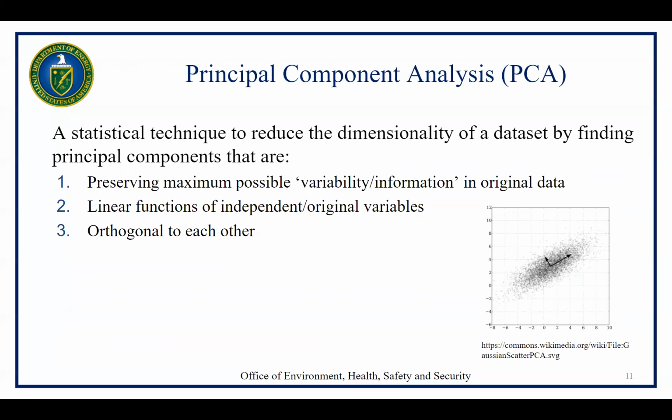For the interest of time, I will not discuss the technical details of principal component analysis in this presentation, but the objective of principal component analysis is to reduce the number of original independent variables by finding fewer principal components that preserve as much variability or information as possible in the original data. Principal components are linear functions of original variables and are orthogonal to each other.